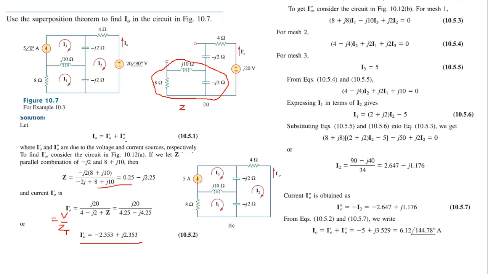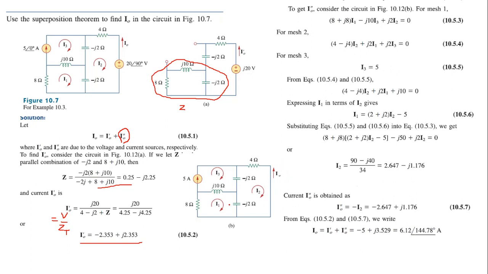Next we have to find out what is I naught double dash. This can be found out by short circuiting the voltage source and considering only the current source. So look at this circuit, we considered only the current source, the voltage source is short circuited, and we have to find out the value of I naught double dash here, right?